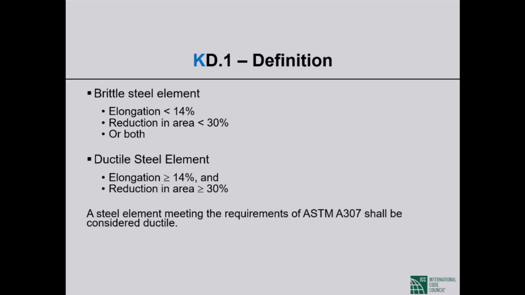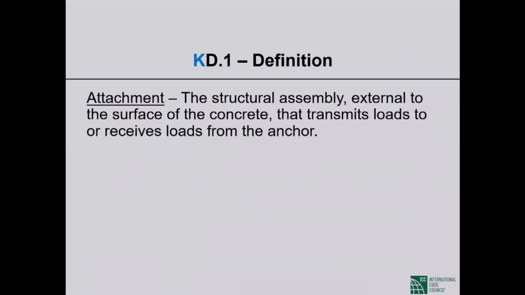If the elongation is larger than or equal to 14% and the reduction in area is larger than or equal to 30%, you have a ductile steel element. A steel element meeting the requirements of ASTM A307, which are very common, shall be considered ductile. So the anchors we typically use are ductile, but there are brittle anchors as well.